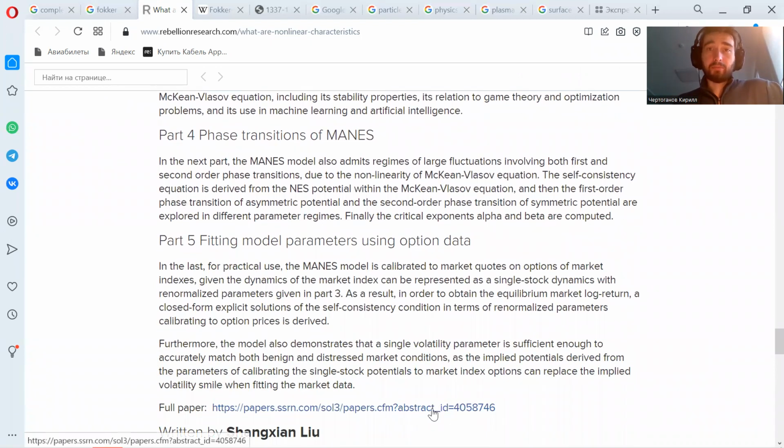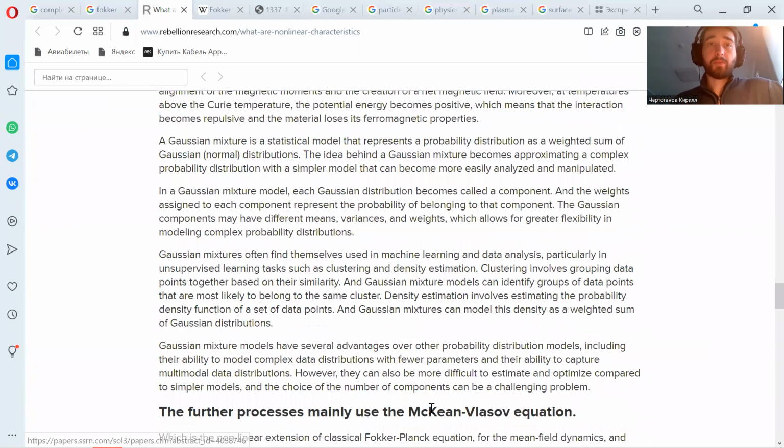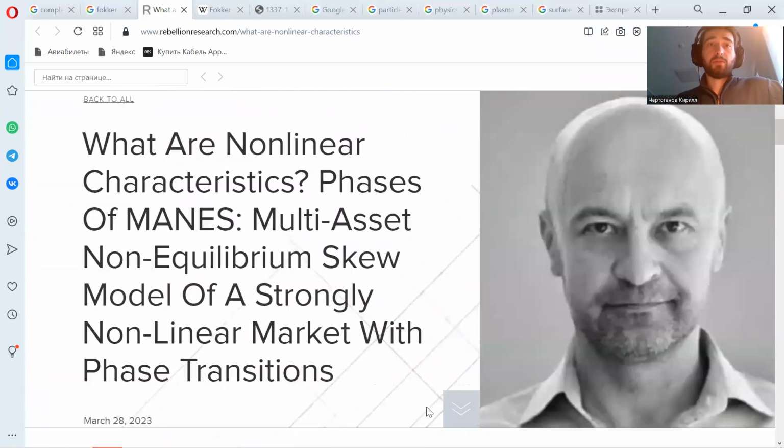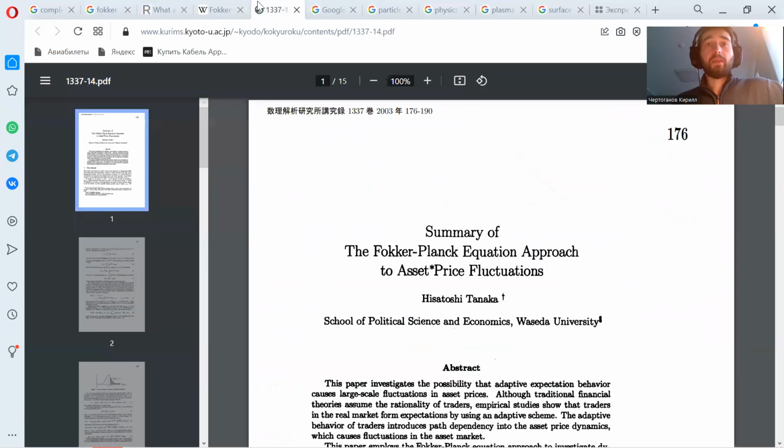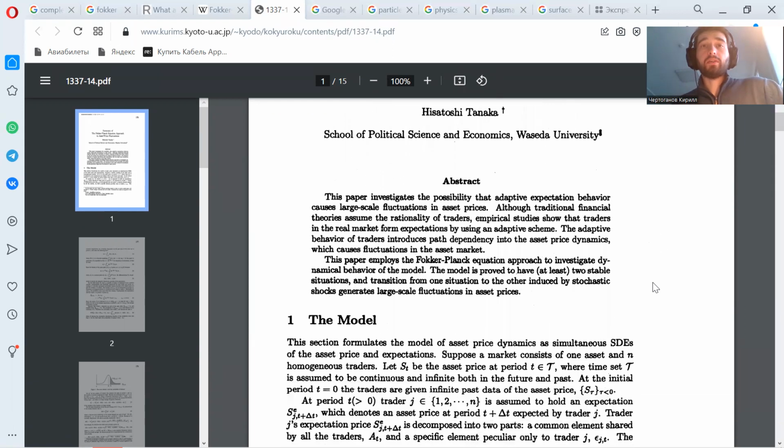He even wrote a paper about this, and he wanted to use it in the marketing field. By the way, some Chinese researchers also wrote a paper about how they used the Fokker Planck equation to calculate asset price fluctuations, and they say they can.